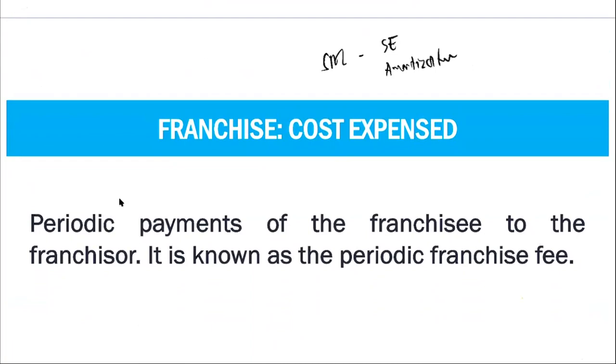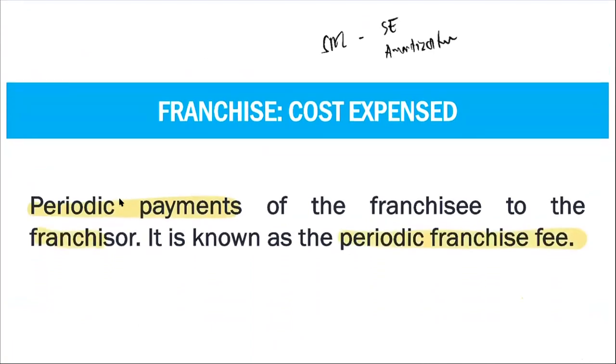For your subsequent expenditures, we have your periodic payments to the franchisor. It is called the periodic franchise fee. So guys, if ever you are wondering, let's say you have a Jollibee franchise, a certain percentage of your revenues will be remitted to the franchisor.